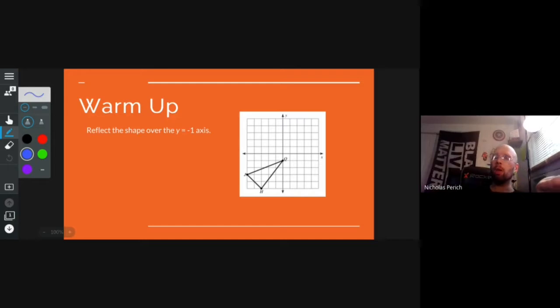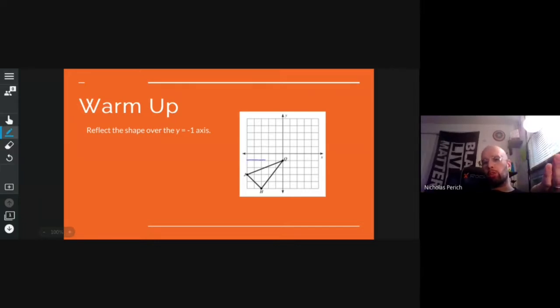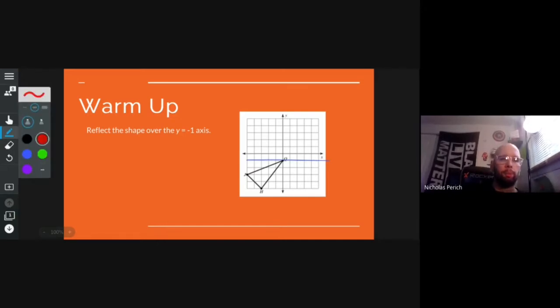Well, what I'm going to do here is draw a mirror. That's not one of the regular axes. If your line is in the form y equals a number, it's horizontal. If it was in the form x equals a number, it's vertical. So y equals -1 looks like that mirror right there. Change color. So that's my reflection. That's my mirror.